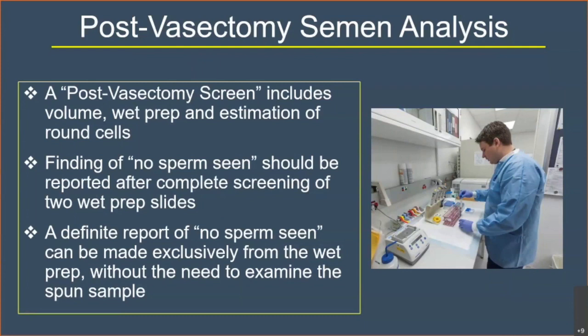There are 2 wells, so you could simultaneously aliquot the sample on the 2 chambers and examine them. A definite report of no sperm seen can be made exclusively from wet prep without the need to examine the spun sample. So this is a very key takeaway, that there is no need to examine the spun sample. Next slide.